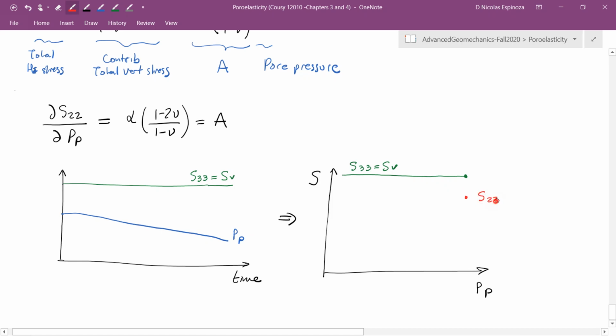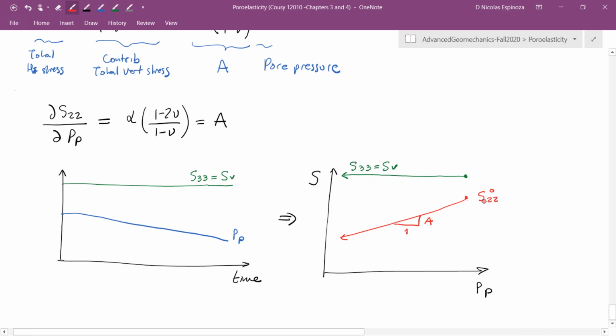This is S22 at the beginning. And as I lower the pore pressure, then what this equation is telling me is that the total horizontal stress is going to decrease. And the proportionality coefficient with pore pressure is going to be this parameter A.